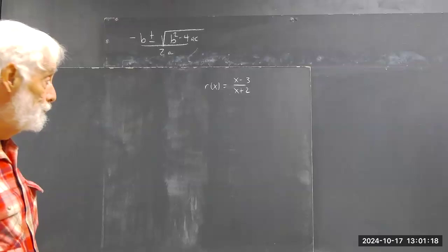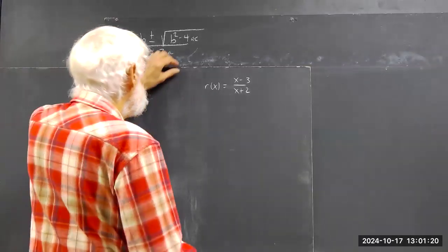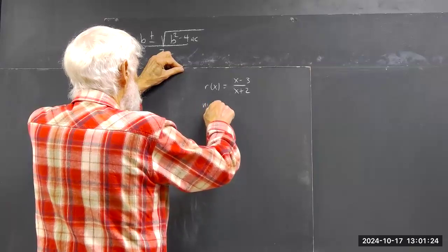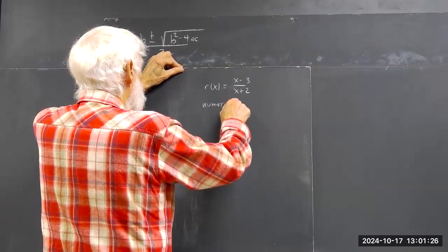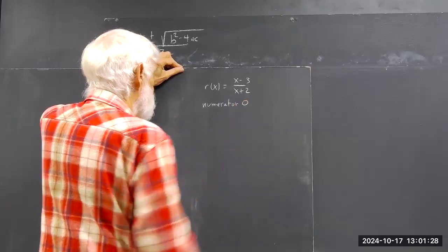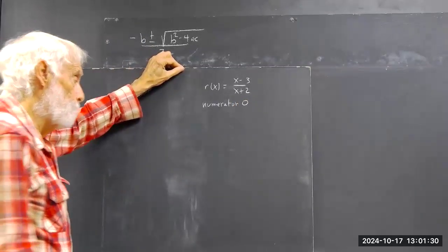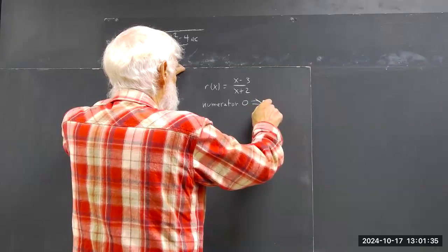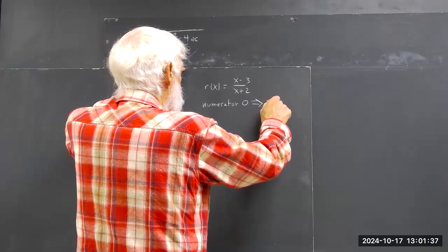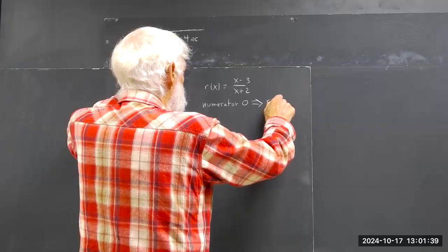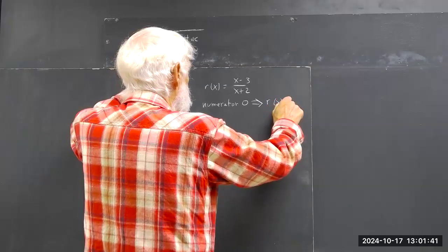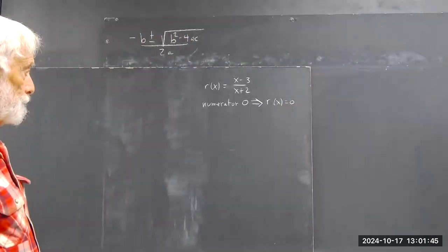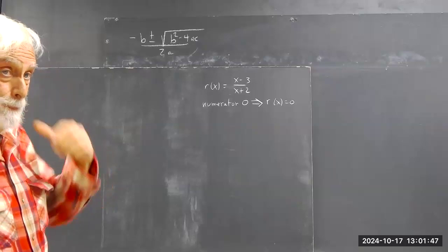Okay? If the numerator is 0, it follows that the whole rational function is zero, right?